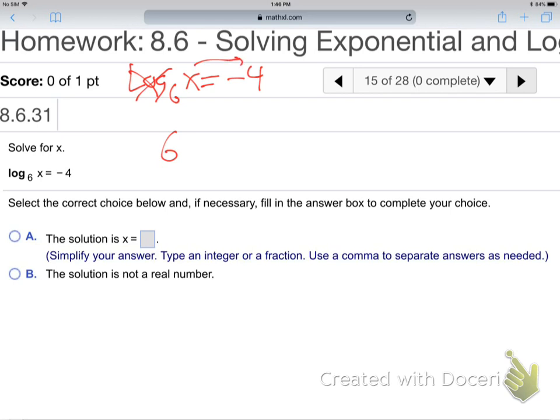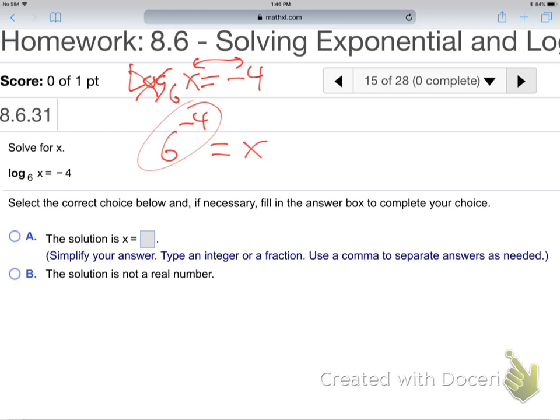The base stays the base. Other two switch. Instead of 6 to the x, it's 6 to the -4, because that looked like 6 to the x power. It's made to look that way. So when they switch, the -4 is the power of the 6, and the x goes over here. Good. When you cross off a log, base stays the base, other two switch. Now, what do you do with that?